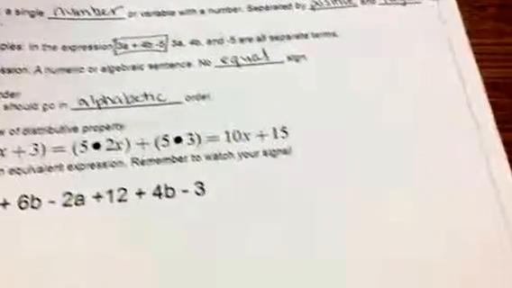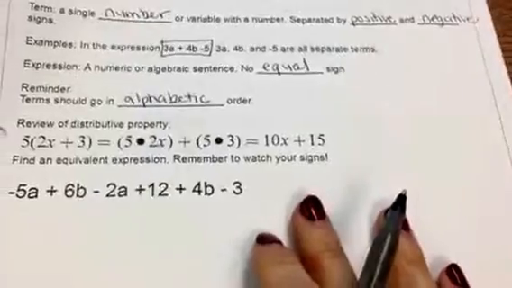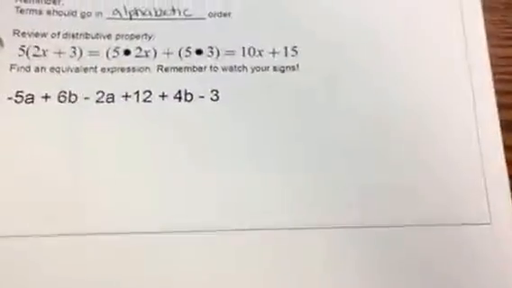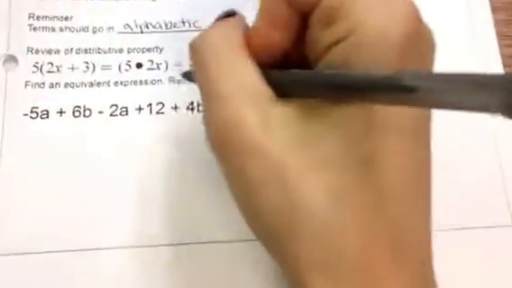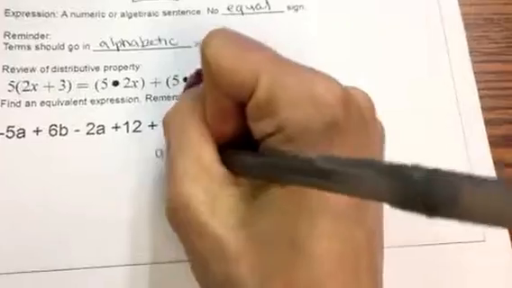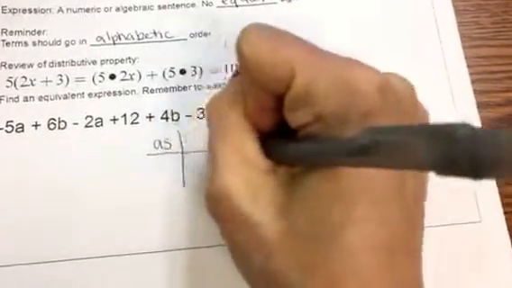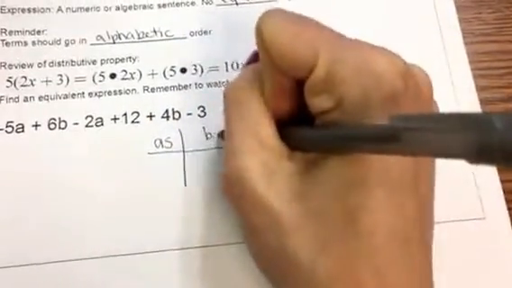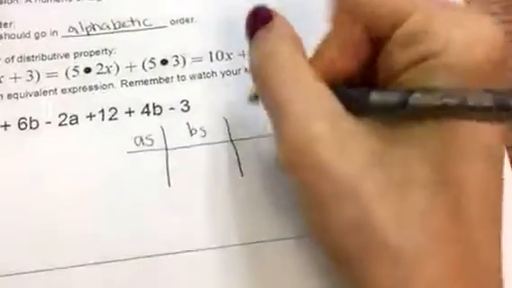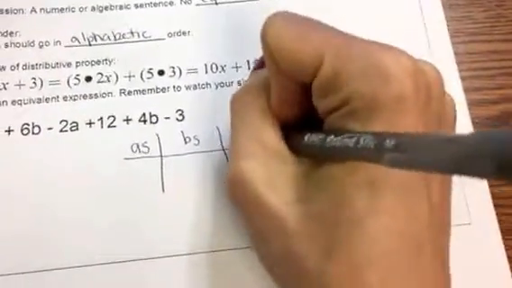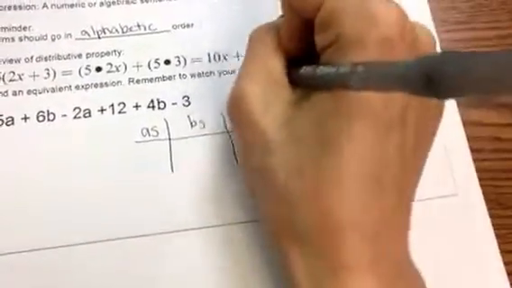So now I'm going to review what we did yesterday, which is to find an equivalent expression. So I'm going to do the same thing. I'm going to draw a table of A's, B's, and numbers. And then I'm going to make sure that I organize them including my signs here.